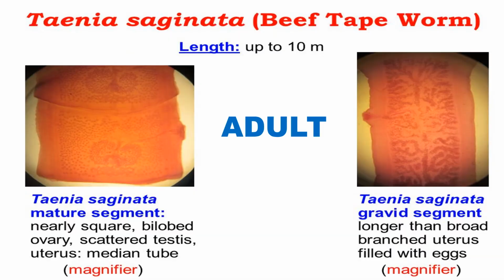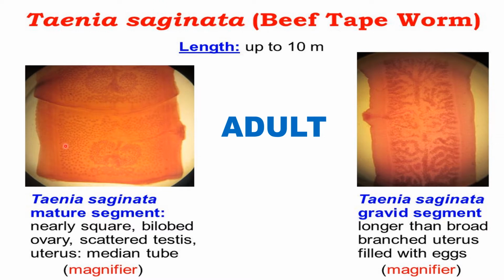So, okay. So, let's move on to the proglottids, no, of your Taenia saginata. For the Taenia saginata mature segment, it is nearly square. And take note, it has a bilobed ovary. So, try to look here. This is the ovary of the mature segment. So, bilobe siya, guys. And it has a scattered testis.